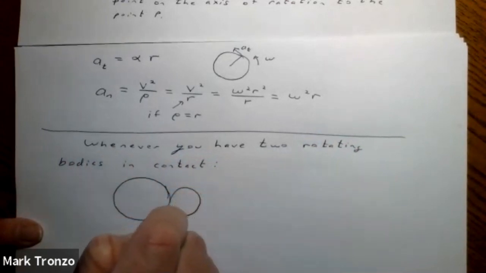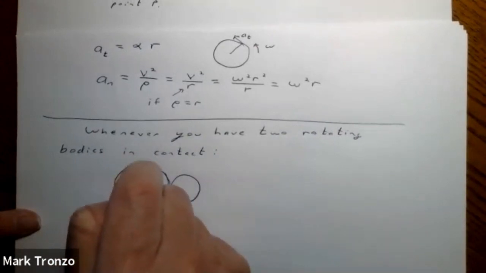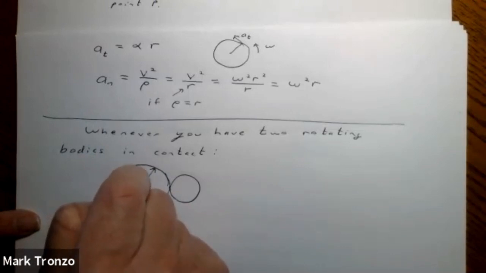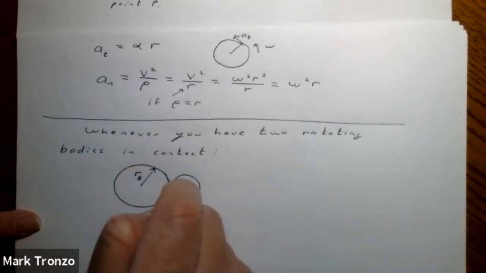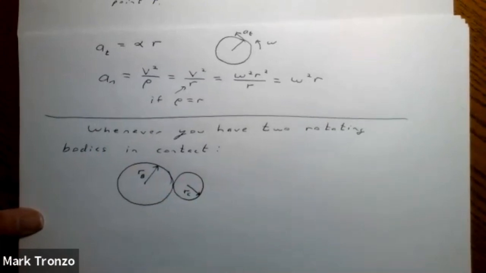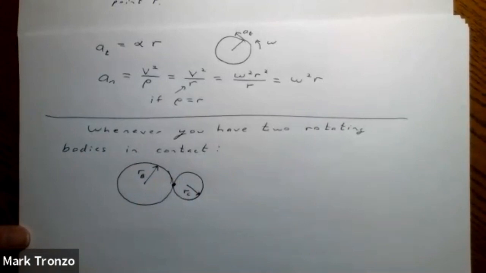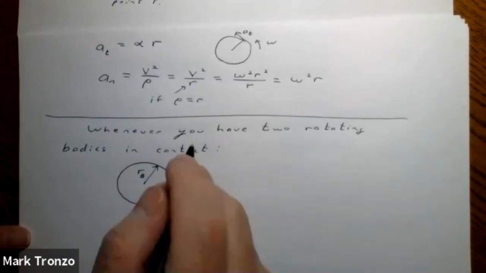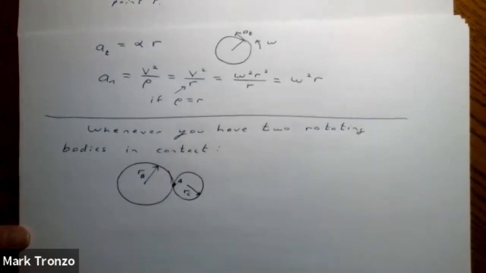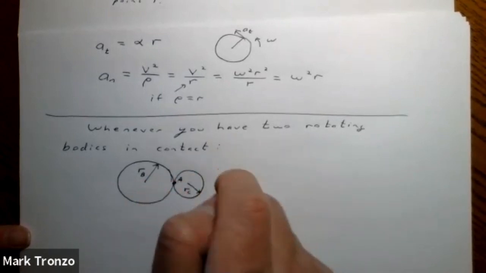Something like this. And let's say that you have some contact point here, and say the point A right here. So if you have two things spinning like this, the velocities of each disk at the contact point will be the same.